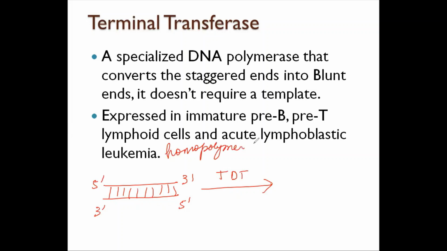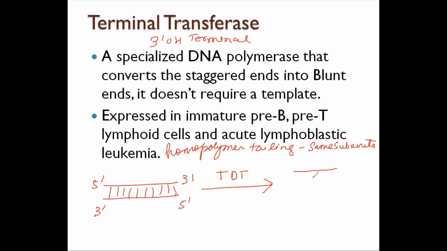Homopolymer tailing is very important. Homopolymer tailing means a polymer in which the subunits are the same. Now, this transferase catalyzes the addition of a series of nucleotides onto the 3' OH terminal. As you can see, this is the DNA.